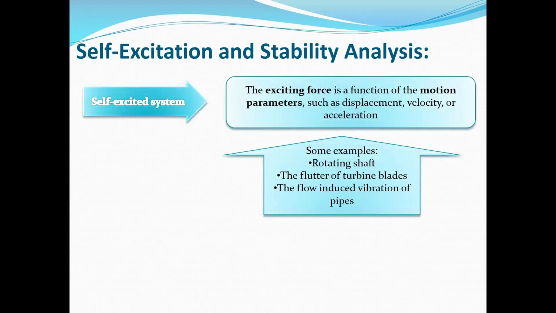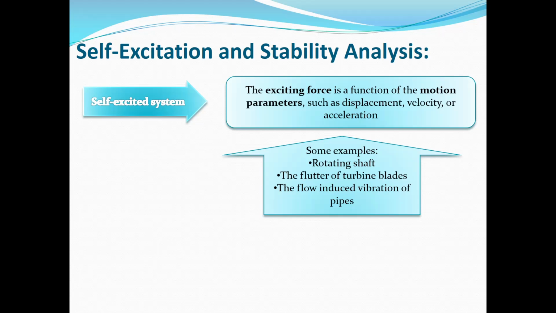The next concept is self-excitation and stability analysis. Self-excited systems are a phenomenon that sometimes happens in practical systems when the exciting force is a function of the motion. When you derive the equation of motion, you will see the term x dot, but the coefficient of x dot is not related to damping.